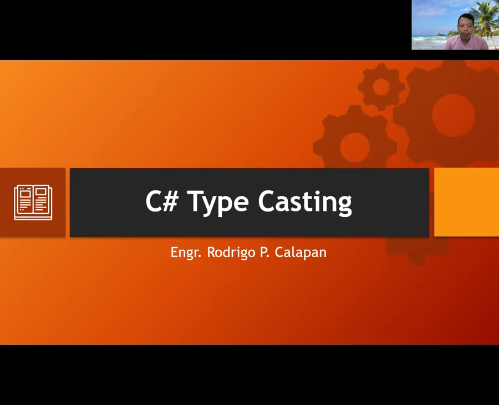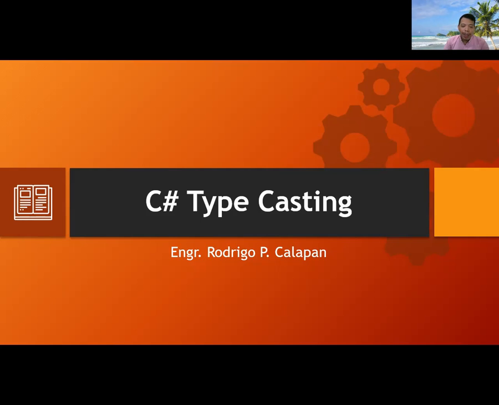So in C#, we have two types of casting. Mayroon tayong tinatawag na implicit casting and mayroon din tayong tinatawag na explicit casting. Implicit casting is when we convert a smaller type to a larger type size, say for example from integer, long, float to double.